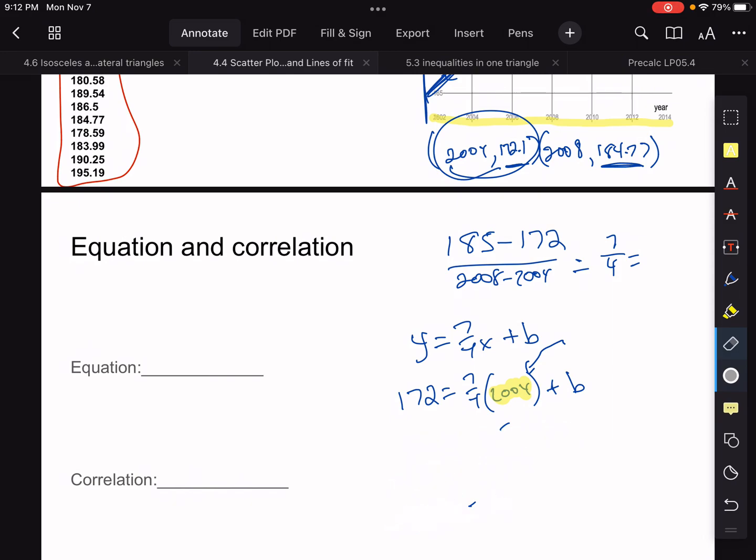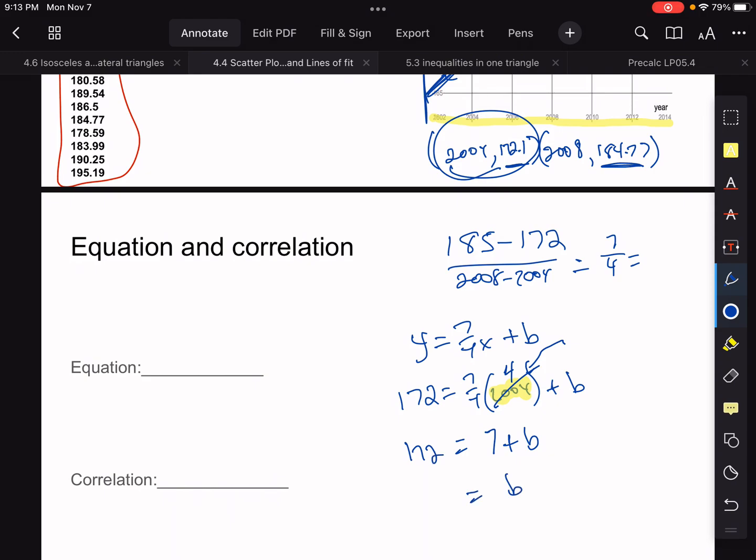I'm going to get rid of this. Sorry if you had to erase. So if I did 4 here instead of 2004, that would make a lot more sense. It's probably being identified as years since 2000. Okay, so then I would do 7 times 4 is 28. 28 divided by 4 is 7. So this is simplified to 7 plus b. And this seems to make a lot more sense.